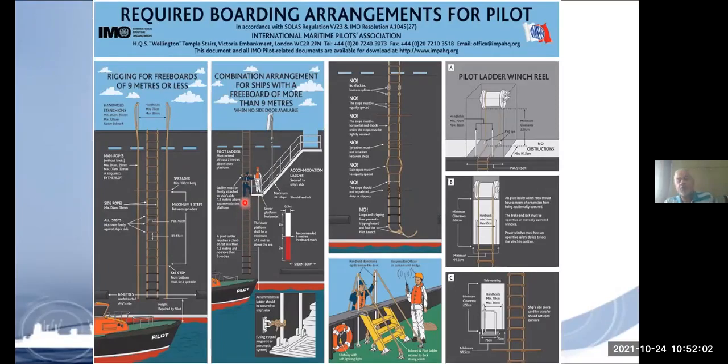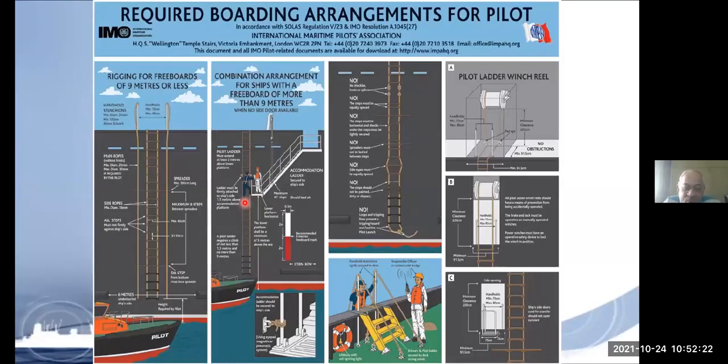So they have put a limit on how much a person can safely climb. They said 9 meters. A person can climb 9 meters safely. And if the ship has a freeboard of more than 9 meters, I hope you are understanding freeboard.